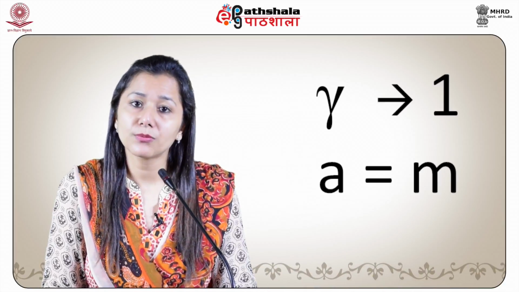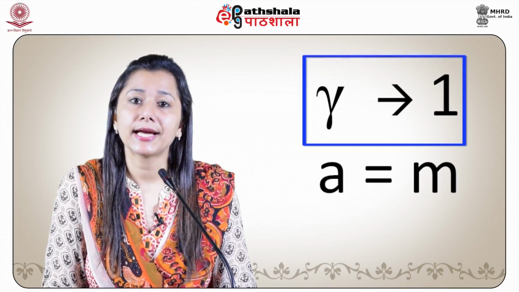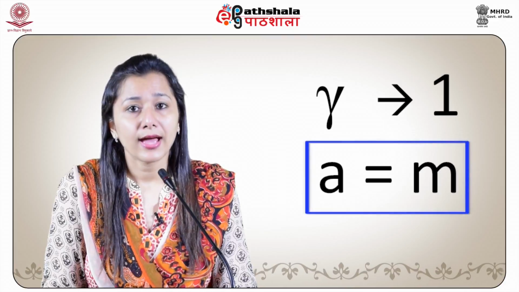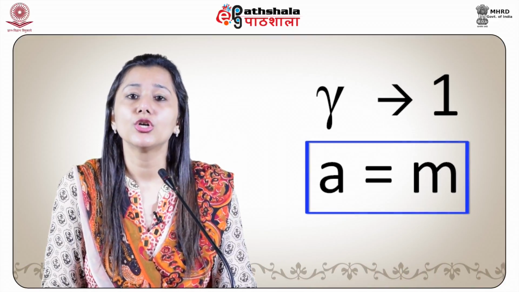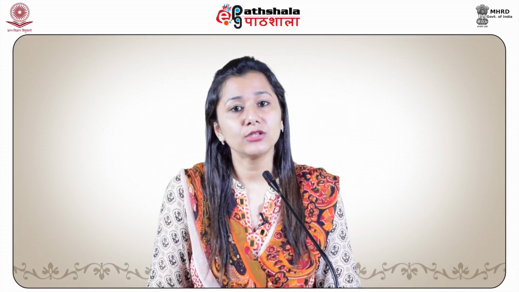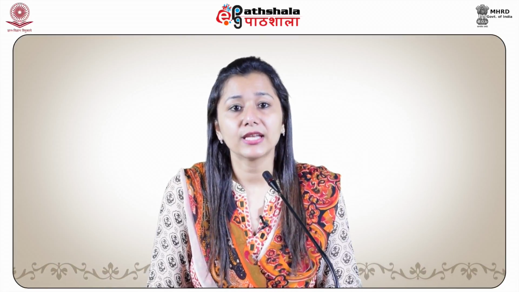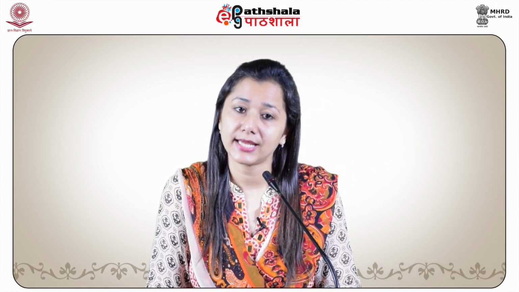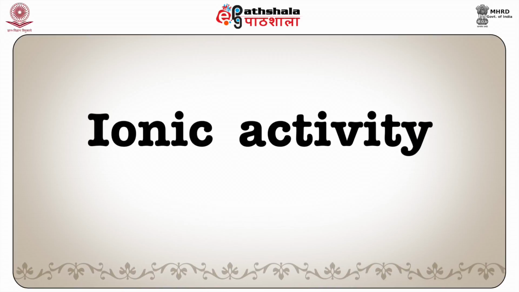As concentration approaches zero, the activity coefficient approaches unity, that is, γ approaches 1. Therefore, activity is equal to molality, that is, it becomes equal to concentration. Again, we should note that in very dilute solutions, since the interactions become insignificant, concentration and effective concentration are the same.